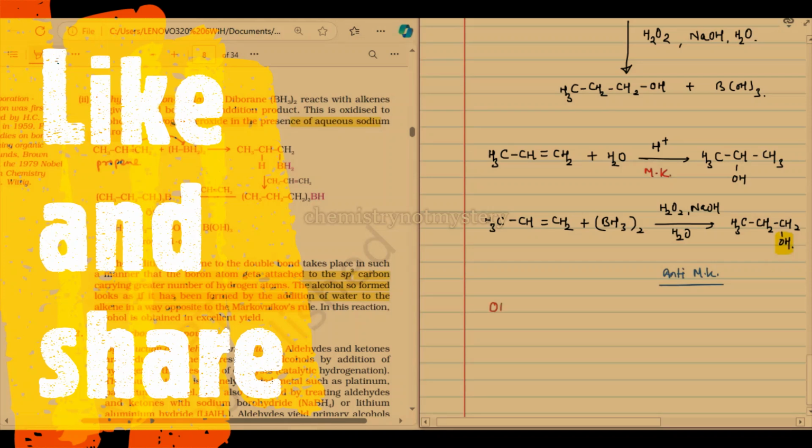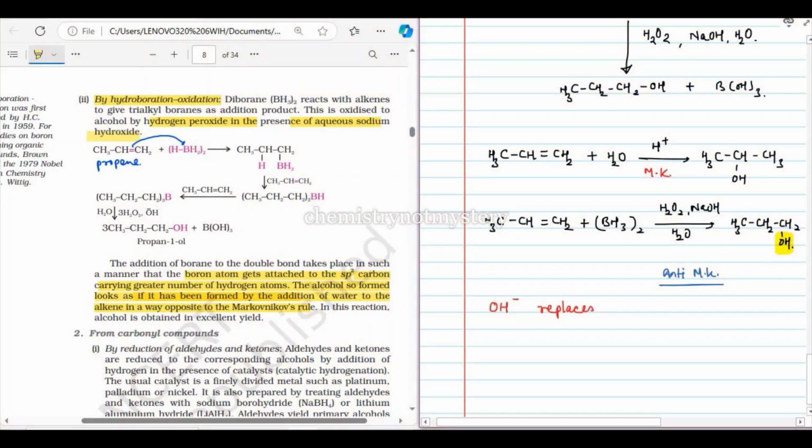Here OH negative replaces boron, and boron is electron deficient, means it acts as an electrophile. According to Markovnikov rule, electrophile gets attached to the carbon that is bonded to more number of hydrogen.